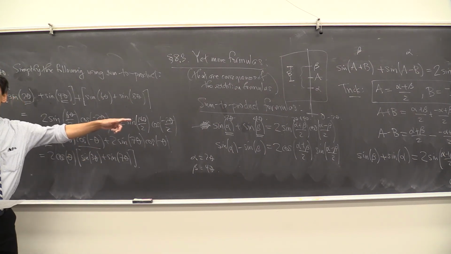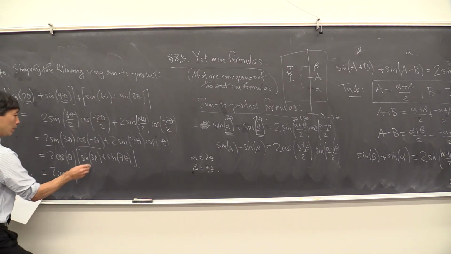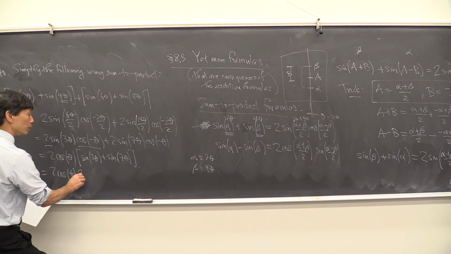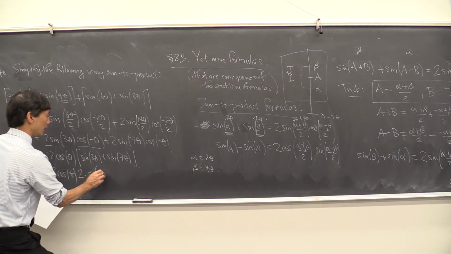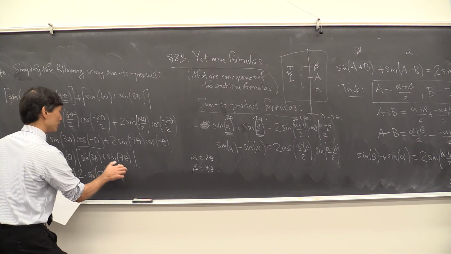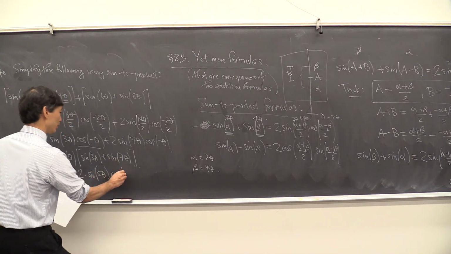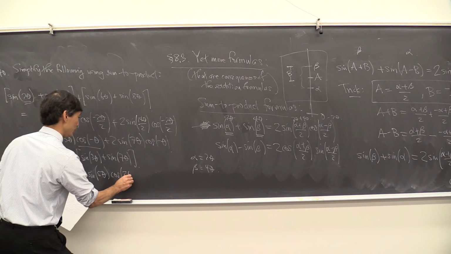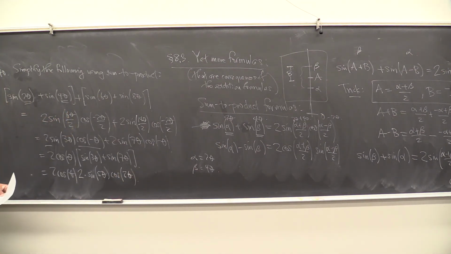We can use the formula again and say, okay, that's going to be 2 times sine of the average, which is 5 theta, times the cosine of half of the difference, which is 2 theta, right?